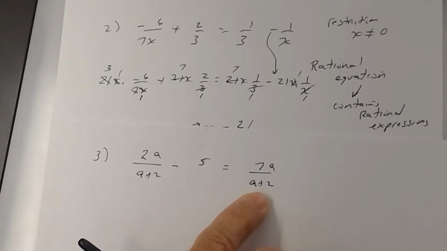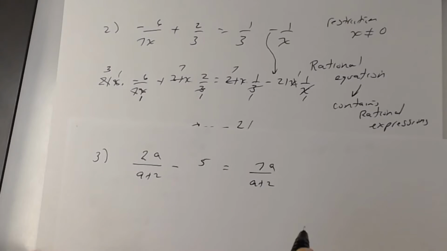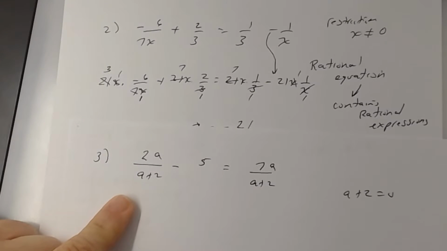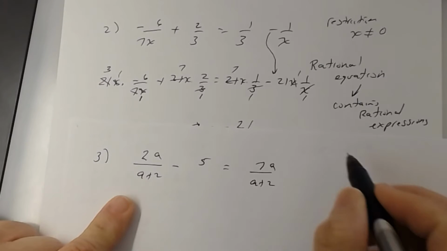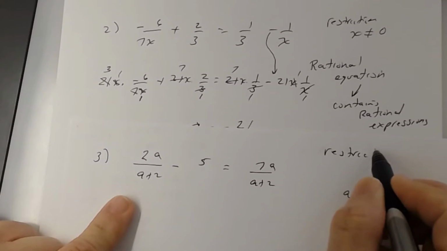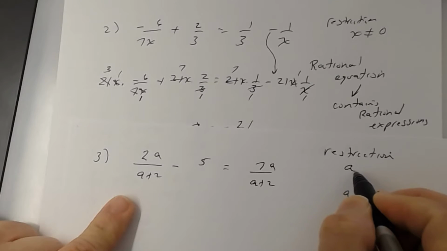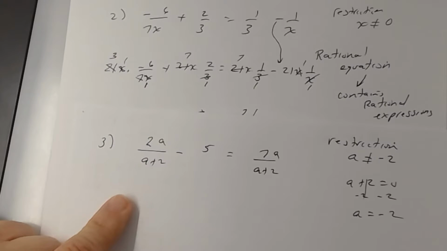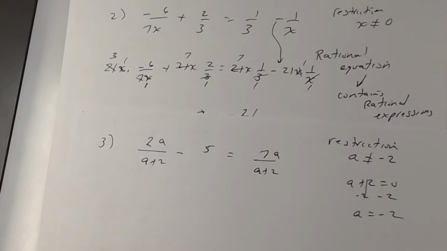Basically, if you don't want to guess, just take the denominator, set it equal to 0 and solve for the letter. Subtract 2, and a is negative 2. So my restriction is that a cannot equal negative 2.